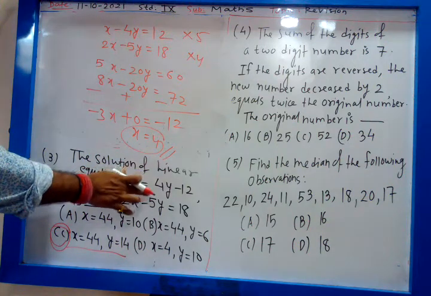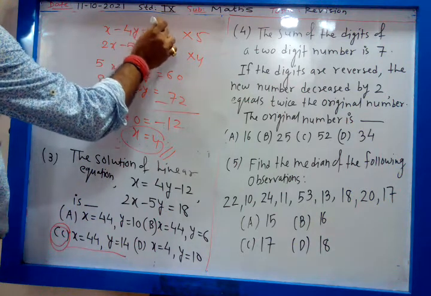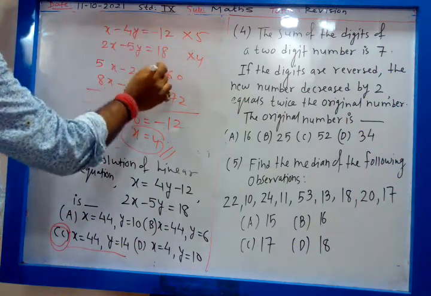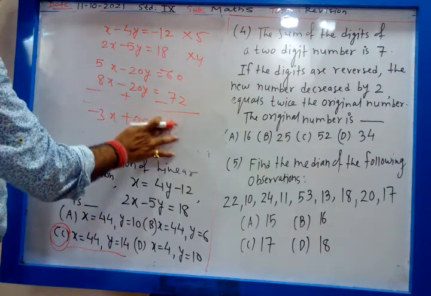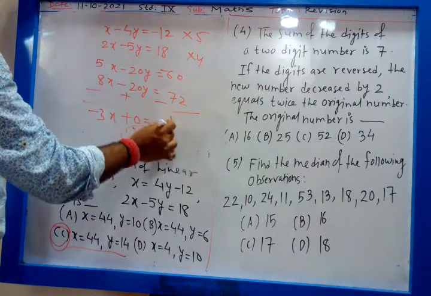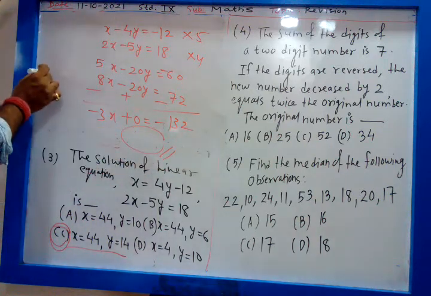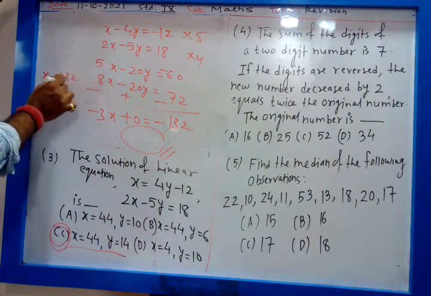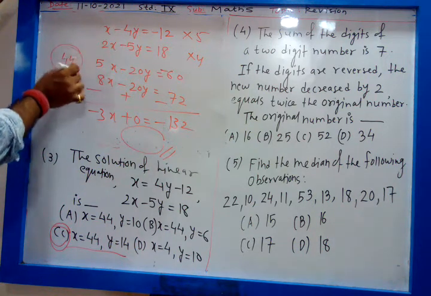x minus 4y is equal to, sorry, it is not 12, minus 12. So this is minus 60. Minus 60 and minus 72 will be 132. So x is equal to 132 divided by 3. 3 4s are 12, 3 4s are 12, x is plus 44.